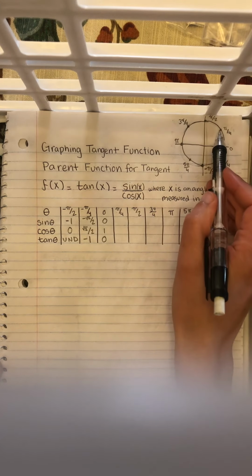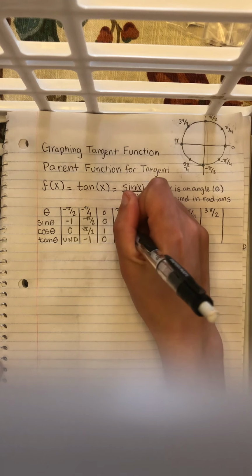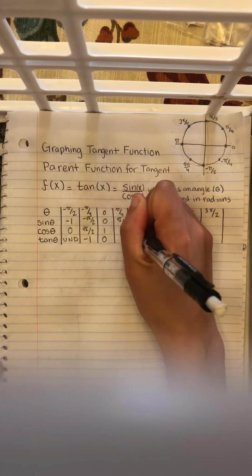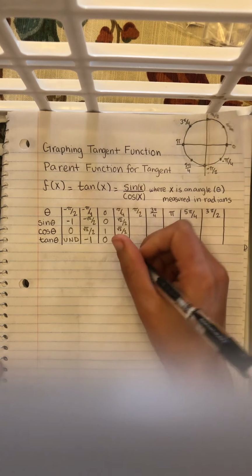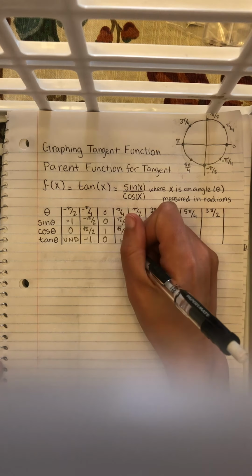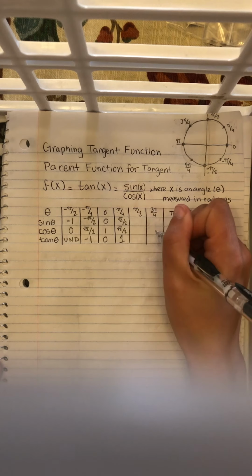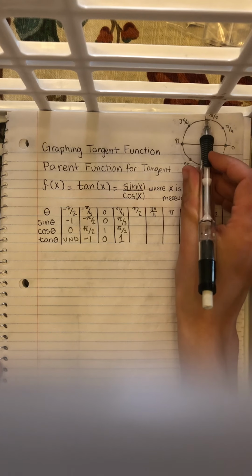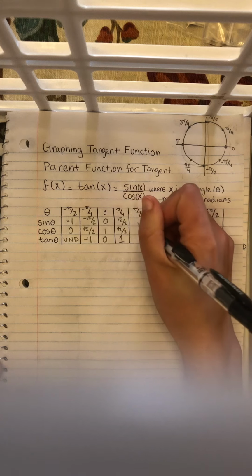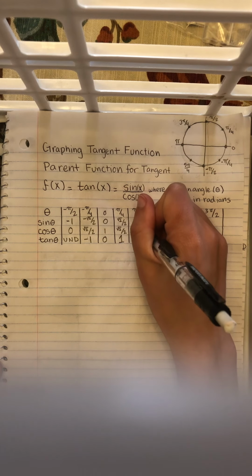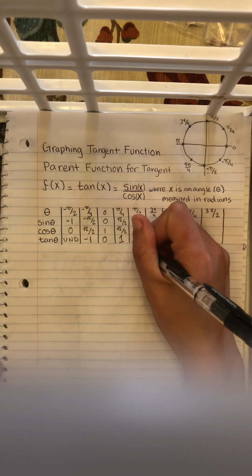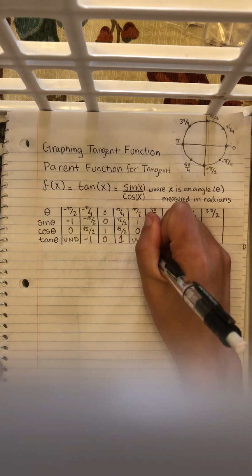Pi over 4, over here on the unit circle, is radical 2 over 2 for both sine and cosine. Sine divided by cosine of pi over 4 is going to be equal to 1. Pi over 2, the top of the unit circle, is going to be positive 1 divided by 0, undefined.